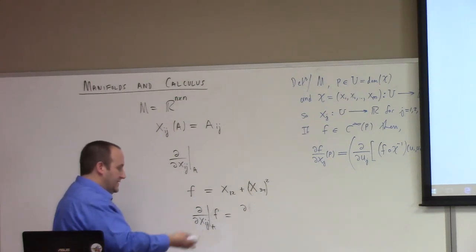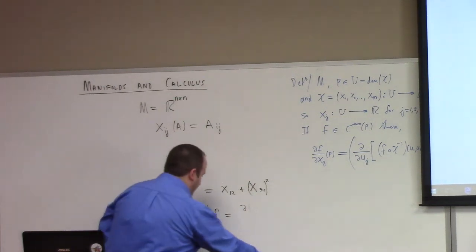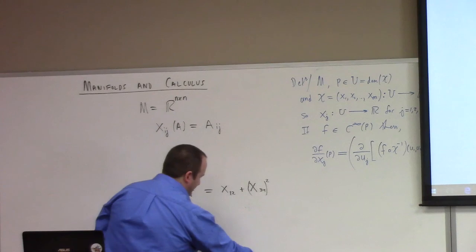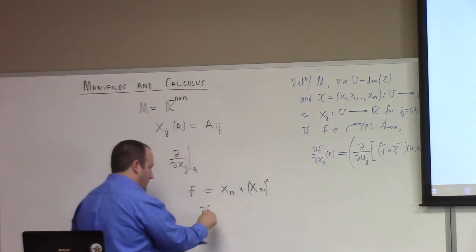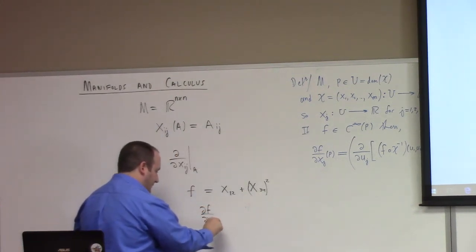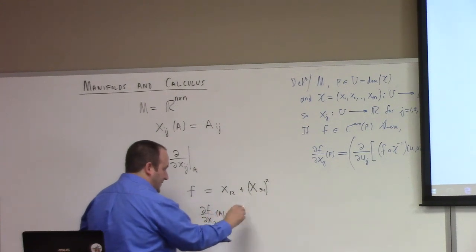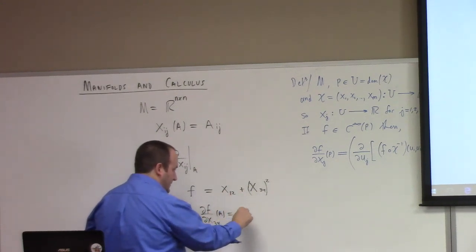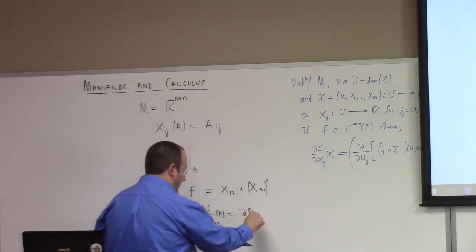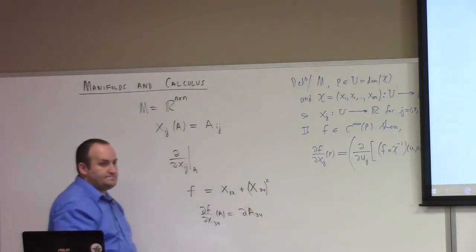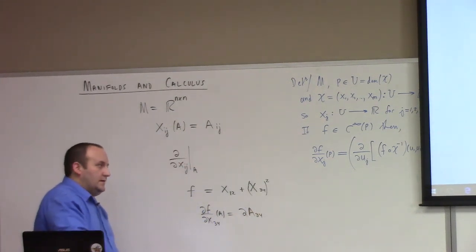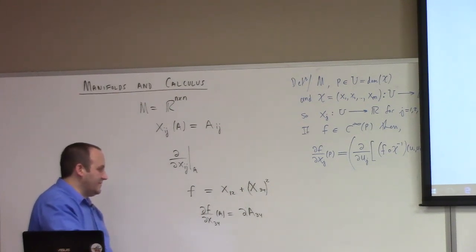When you work through the details, partial f partial x 3,4 at A is going to be, not surprisingly, 2 times A 3,4. The squared can just be in composition, right?